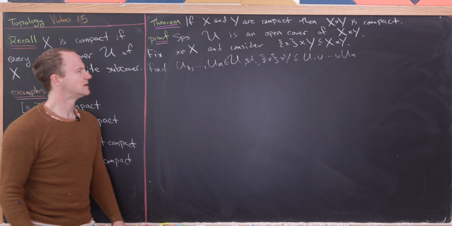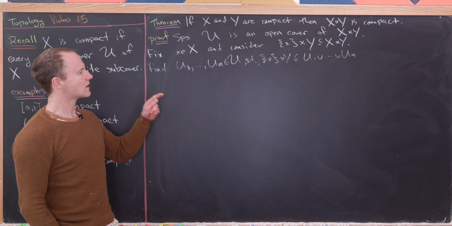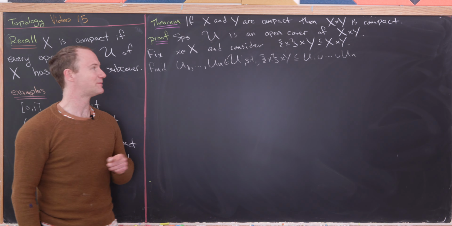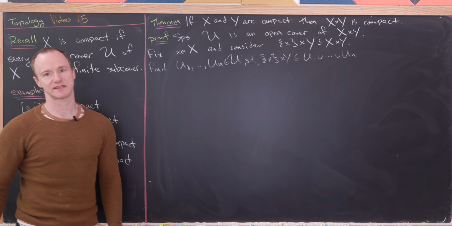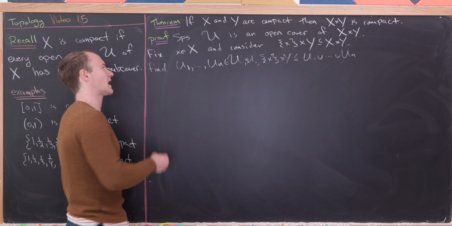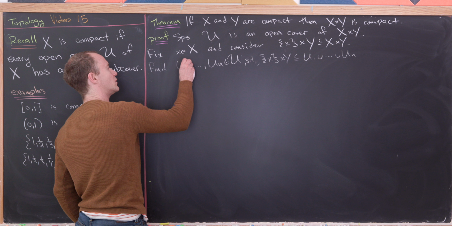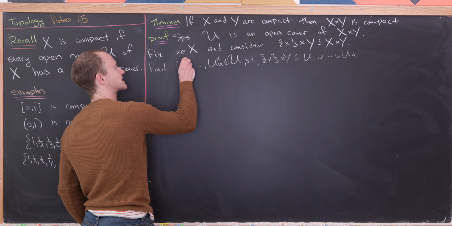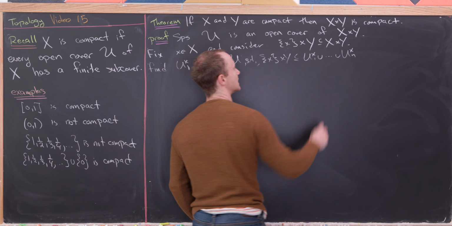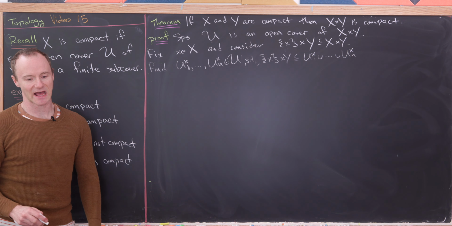Okay, nice. I'm also going to note that this U1 up to UN depends on this choice of x. Since it depends on the choice of x that we're making right here, I'm going to decorate these with a superscript of x, just to show that these sets depend on that little x that we chose.